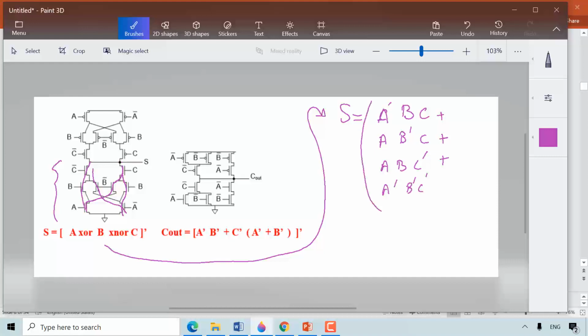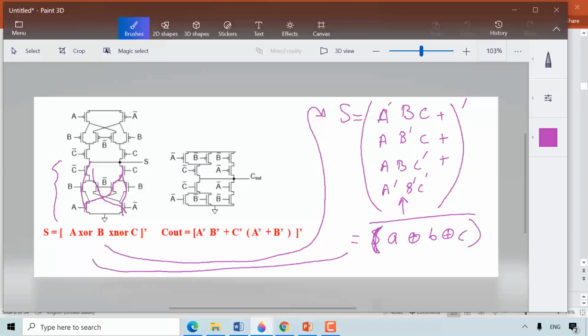Now all of this, by the way, is primed, and it turned out this function here is equal to S equals A XOR B XOR C prime, and this is exactly this expression right here.